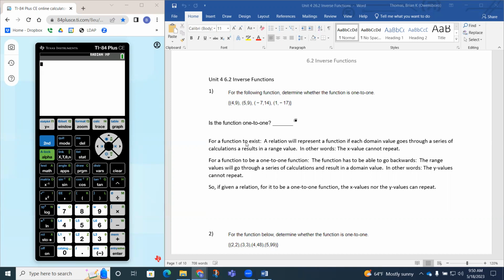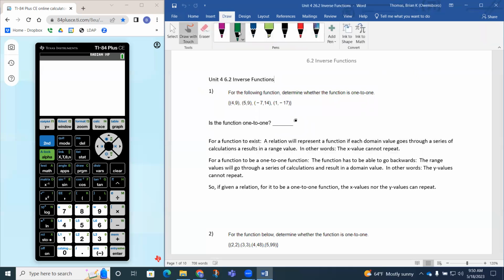So remember, for a function to exist, a relation will represent a function if the domain goes to a series of calculations and results in a range value.